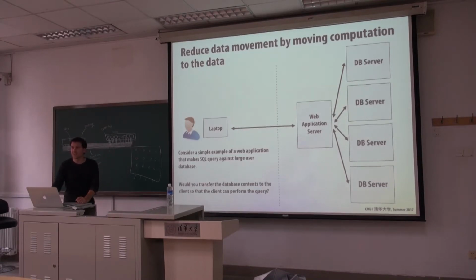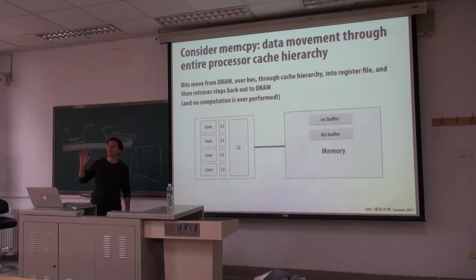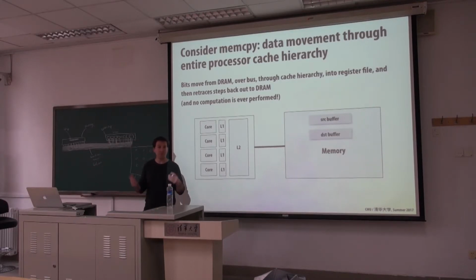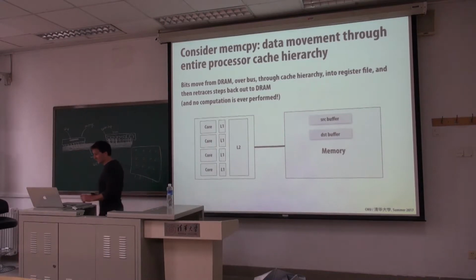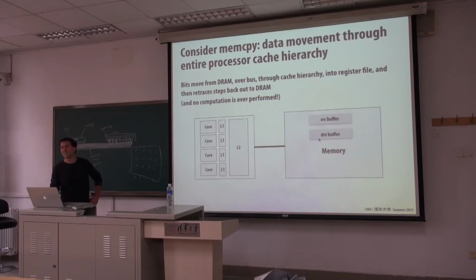So with that in mind, let's think about what a computer does when we do something as simple as memcopy. Computer programs use memcopy all the time. We copy bytes of data all the time. Let's say we have some source buffer and we want to move it to this destination buffer, memcopy source dest.